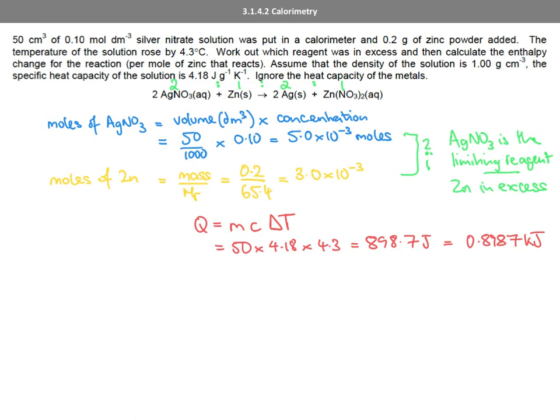Where people often get caught out at this point is the mass. When they read back through the description, they see a volume, and that doesn't leap out at them, but they do see a mass of zinc powder, and the moment they see it's 0.2 grams, they start to think, well, that's a mass, that's what I need to put into my calculation. But you've got to remember that the mass refers to the substance that's changing temperature, so it's related to the specific heat capacity, and they give us the specific heat capacity of the solution, and they make it clear it's of the solution.